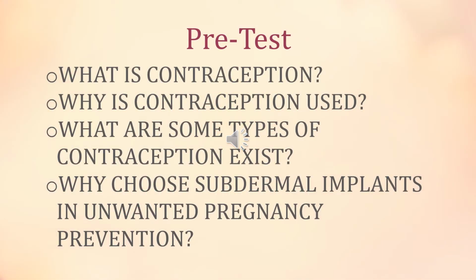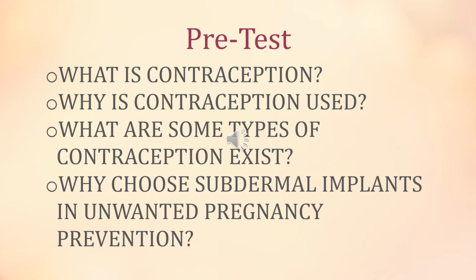So as usual, we're going to start with a pre-test. First question is, what is contraception? What is the definition of contraception? Why is contraception used? Once you figure out what the definition is, the next question most people may have is, why is it used?